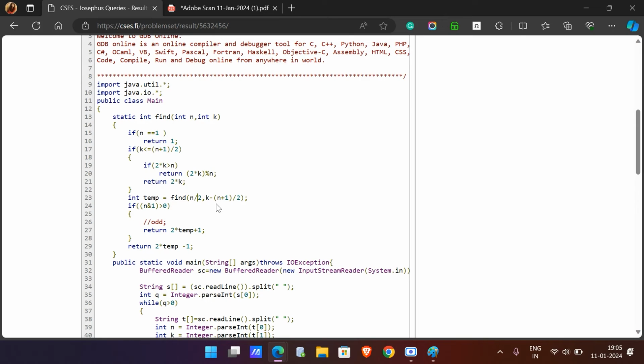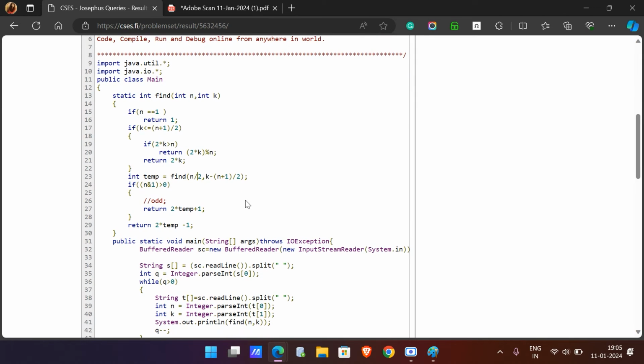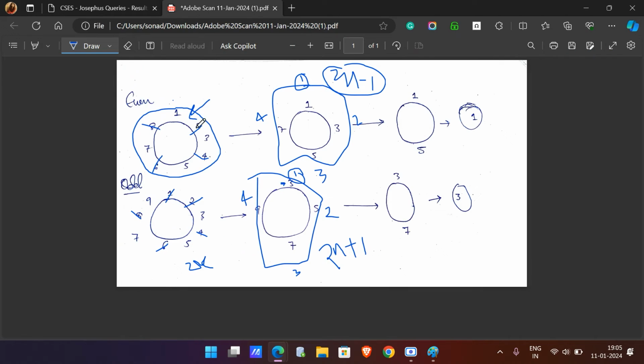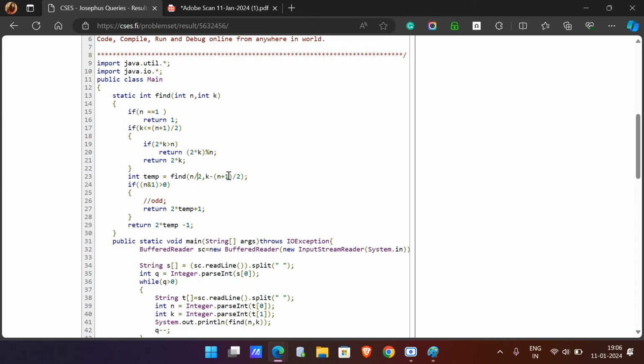Again, I'm doing k minus (n plus 1) by 2. That is, k is getting reduced, because for the first turn we have already removed 2, 4, 6, 8. That is, k is getting reduced by (n plus 1) by 2: for odd it is 5, for even it's 4. And then I'm checking if it is odd, then I need to consider it as 2 into the result plus 1.